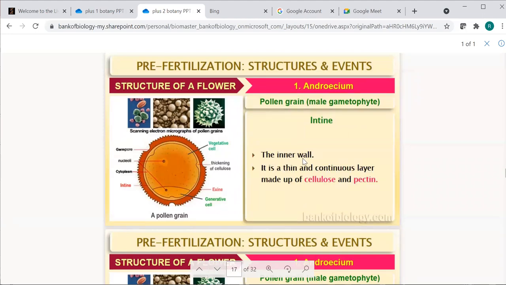This is the inner wall of pollen grain. It is a thin and continuous layer made up of cellulose and pectin. This is the one we are talking about, intine. It is a thin and continuous layer made up of cellulose and pectin.